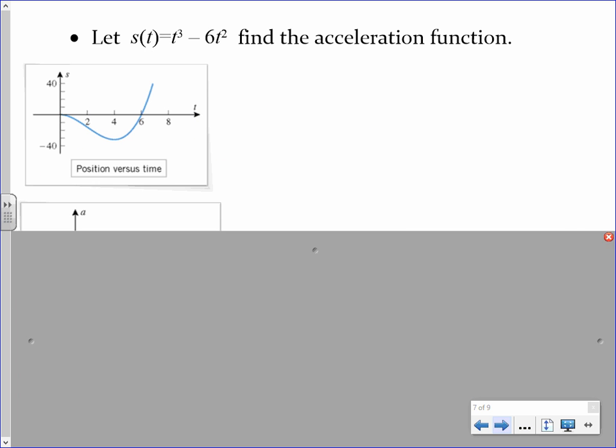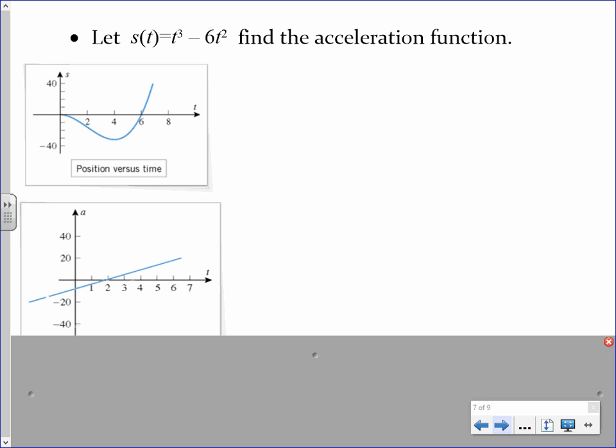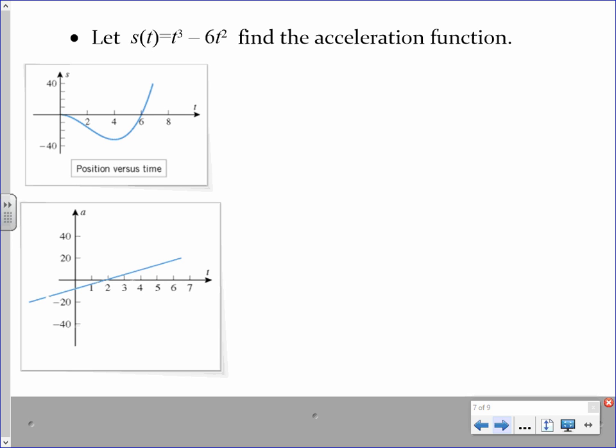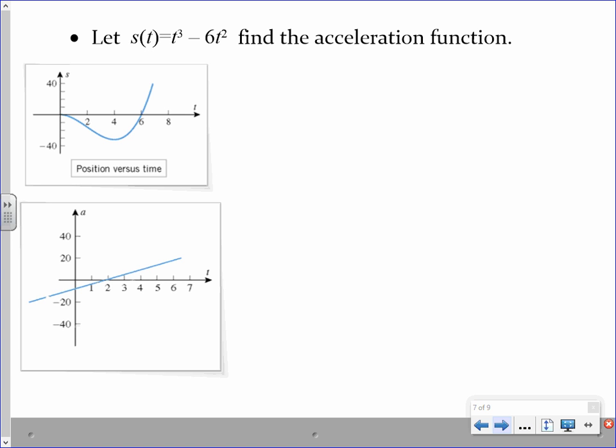So here is our acceleration graph. Okay. Notice how we have negative acceleration from 0 to 2, and we have positive acceleration from 2 to 8, right? If we look at this graph right here, our point of inflection is at 2.